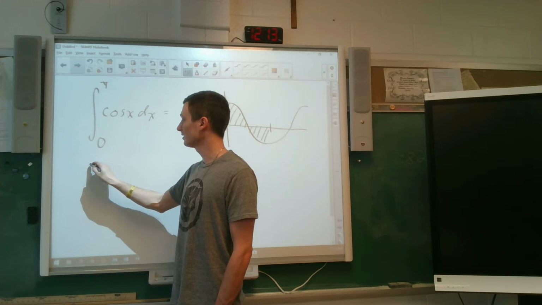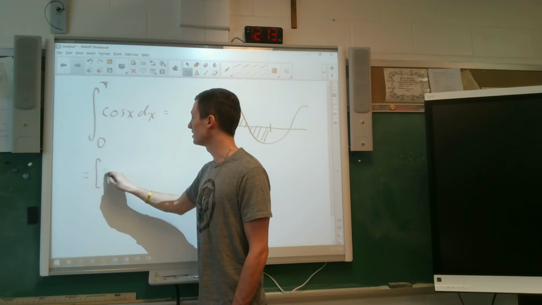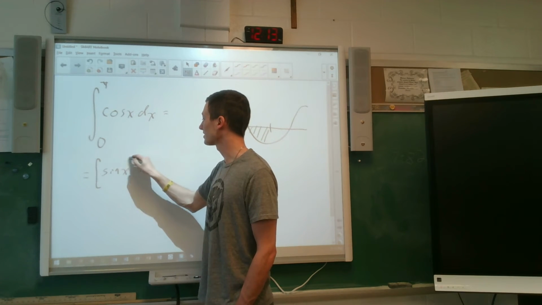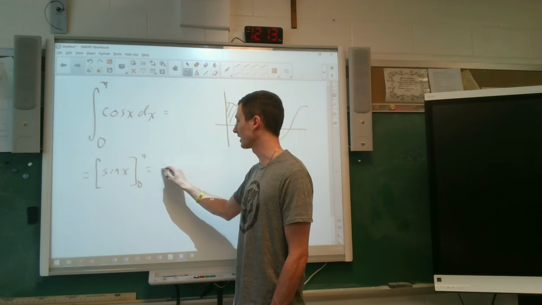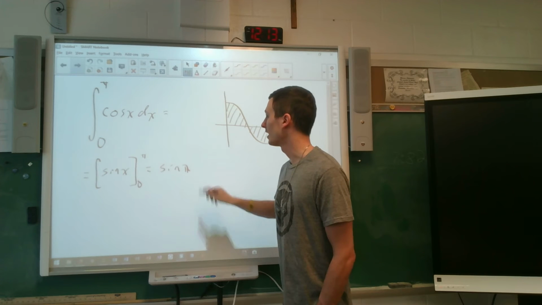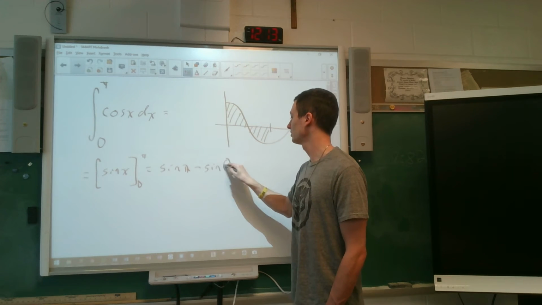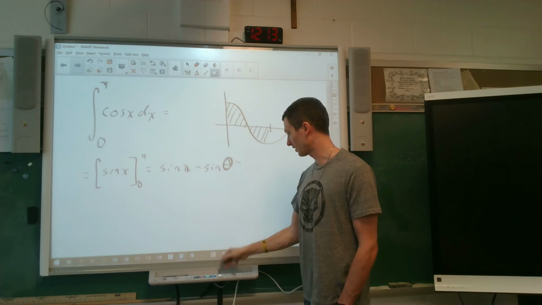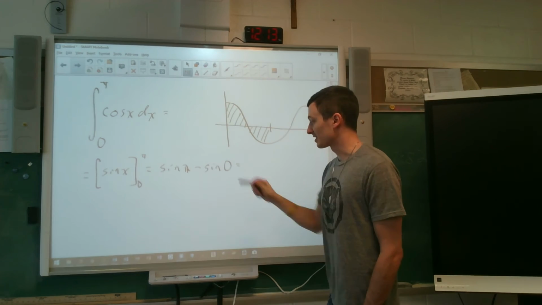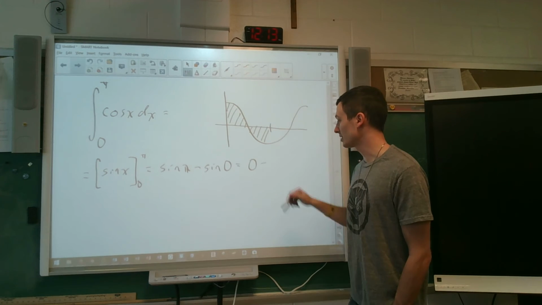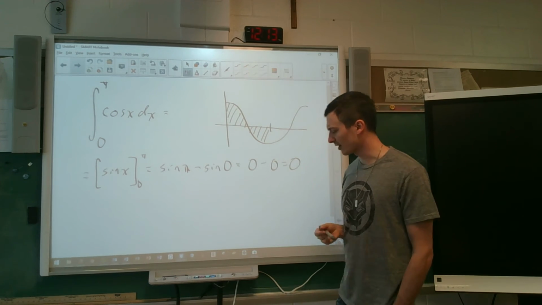So this integral would be sine of x from 0 to pi. If I substitute pi in, I get the sine of pi minus the sine of 0. The sine of pi is 0 and the sine of 0 is 0. This area ends up being 0.